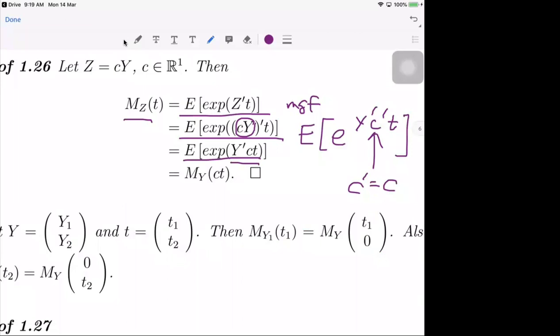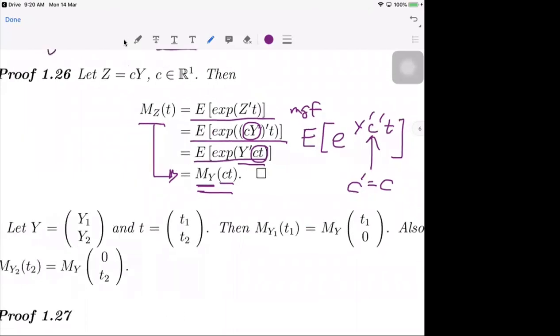By definition of moment generating function, this is the moment generating function of Y at ct. So we have shown that the moment generating function of Z at t is equal to the moment generating function of Y at ct. Next.